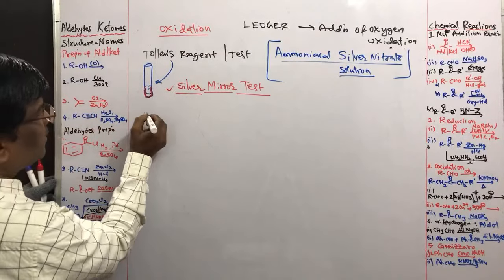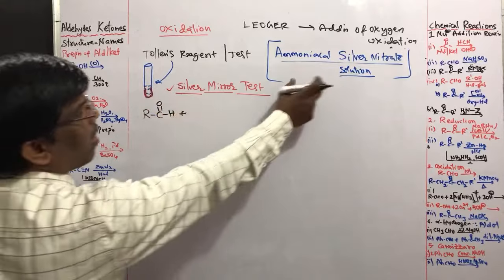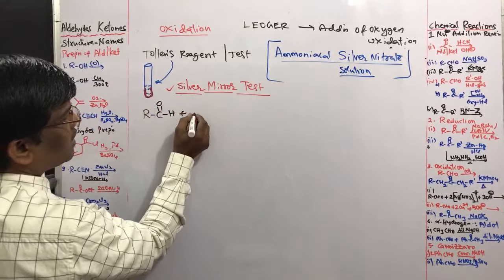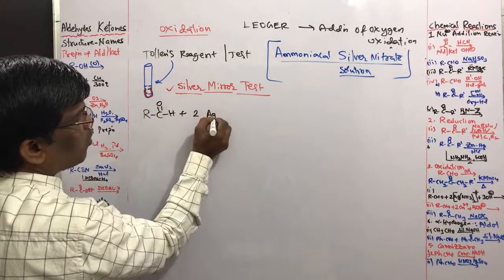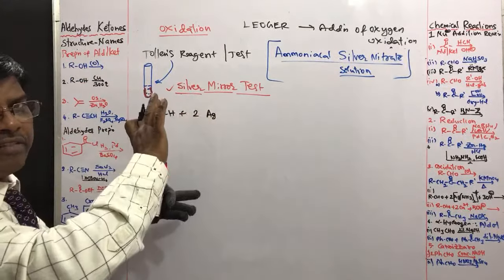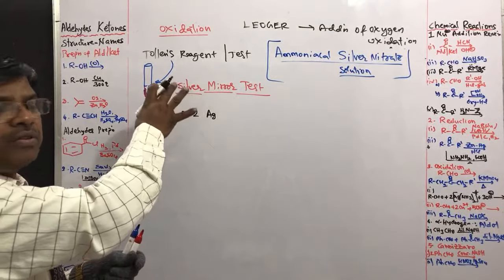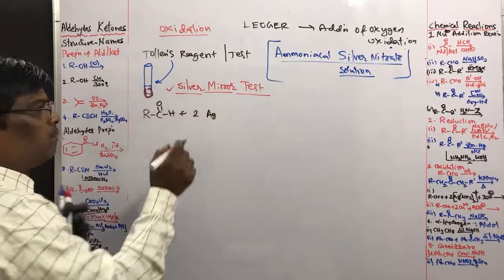This aldehyde, when I add ammoniacal silver nitrate, say 2 moles, don't worry about this equivalence, and during the test just add ammoniacal silver nitrate and heat on a Bunsen burner. In previous days we used to heat it on a Bunsen burner, right?